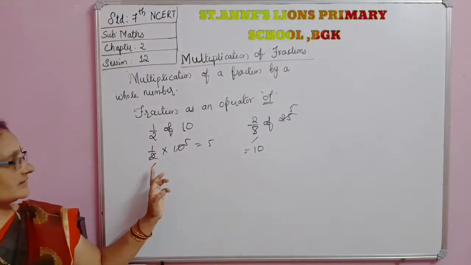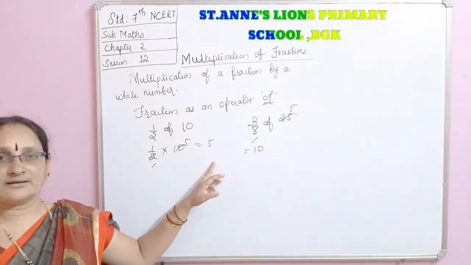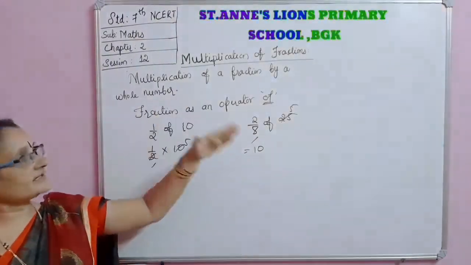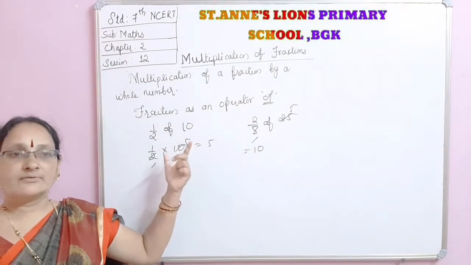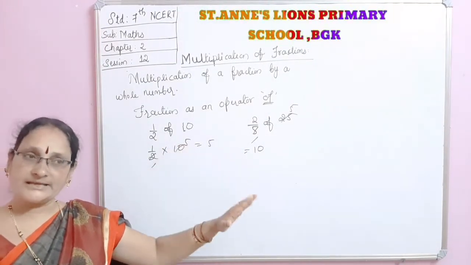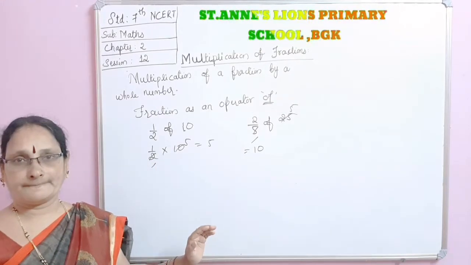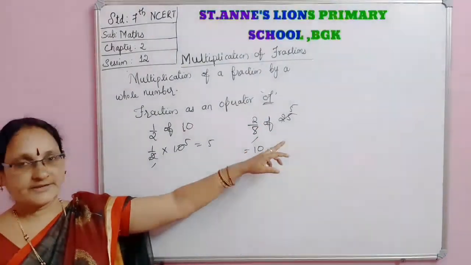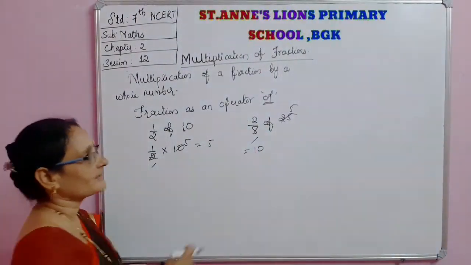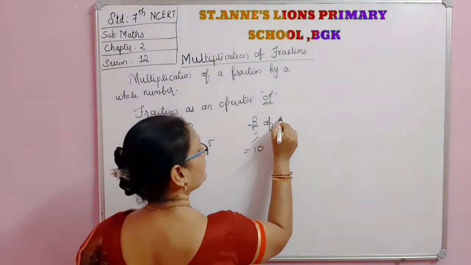If cancellation is possible, you have to do the cancellation. Otherwise, you have to multiply and keep. Like the previous method of whole number by a fraction. If cancellation is possible, first cancel and then multiply and keep. Here I think I skipped one step.